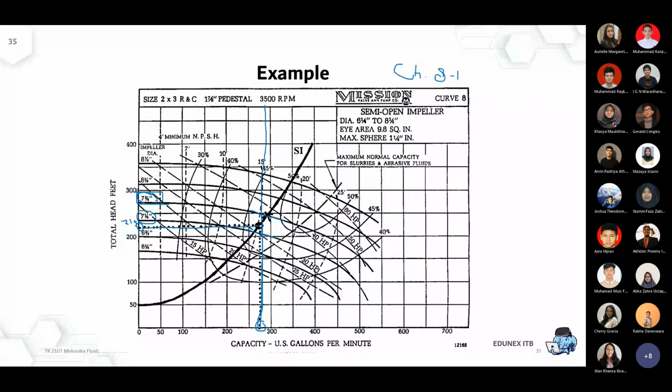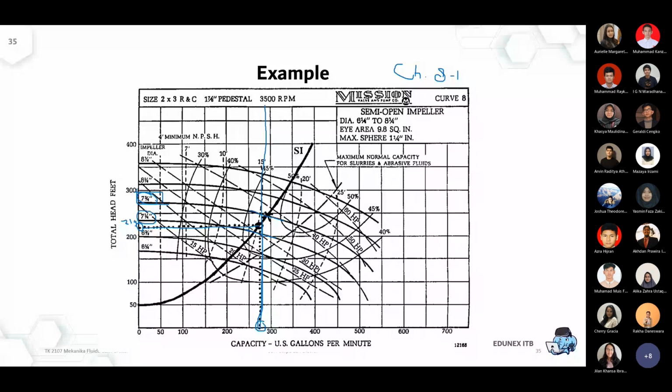And what motor horsepower would be required? You know the work of the pump ideally, and then check the efficiency.